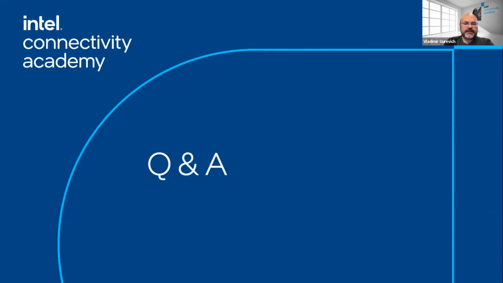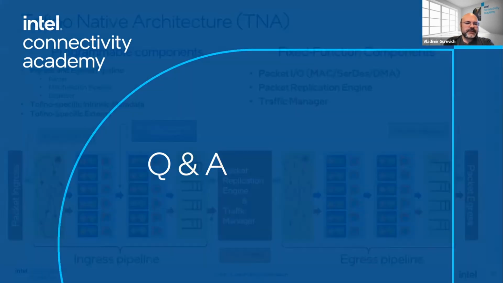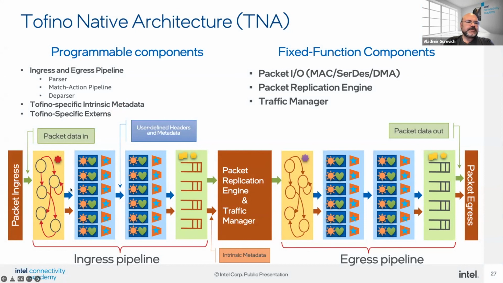The other way is to think about the header and metadata bus, which connects the individual stages. Intel CPUs, for example, are 64-bit CPUs. The width of this bus in Tofino 1 is 4 kilobits. So you can think of Tofino as a 4 kilobit device, which is very different performance-wise.